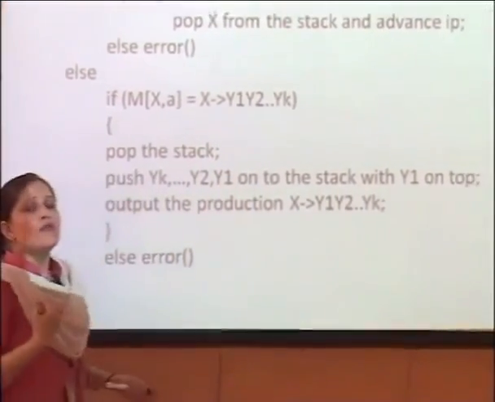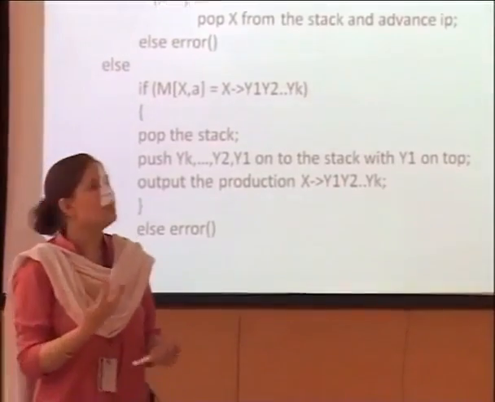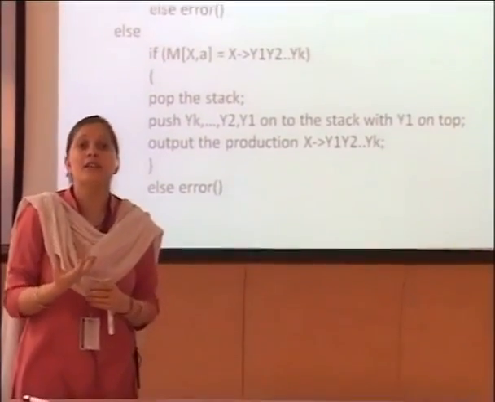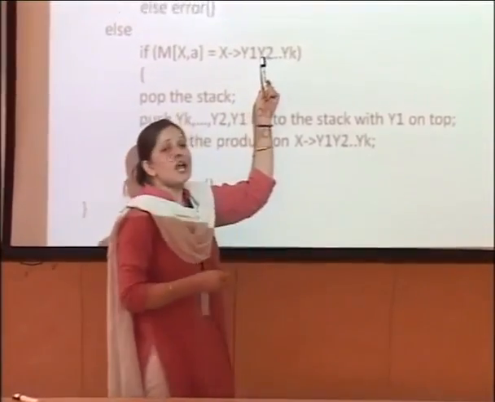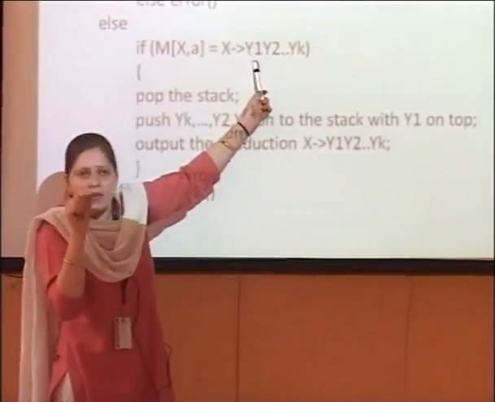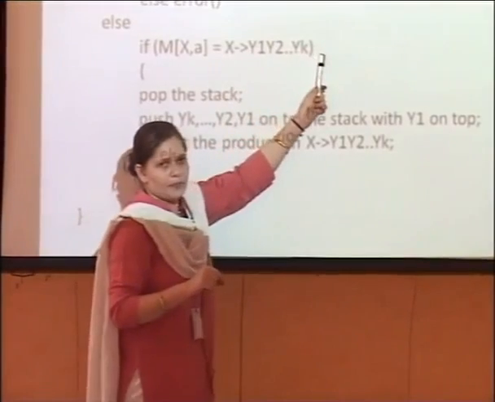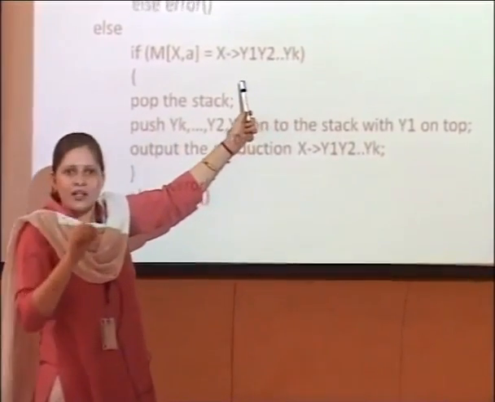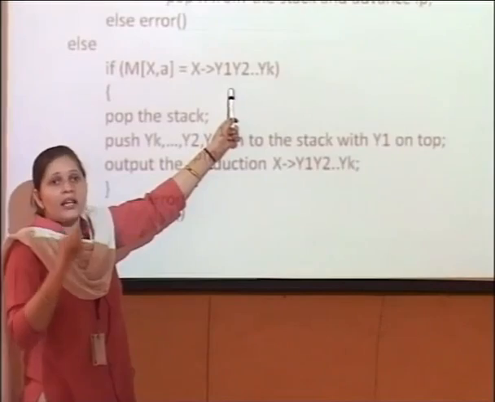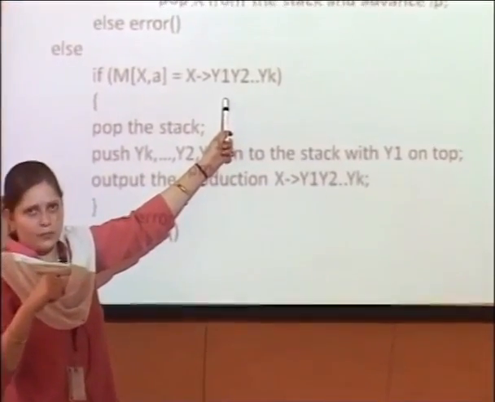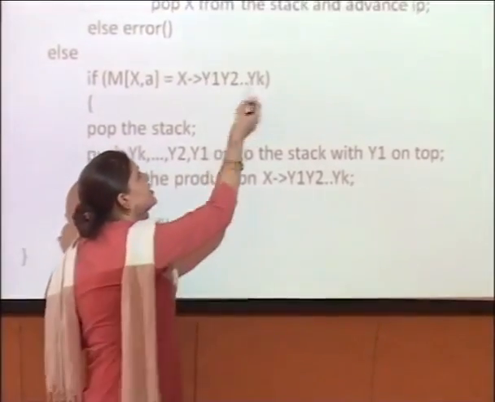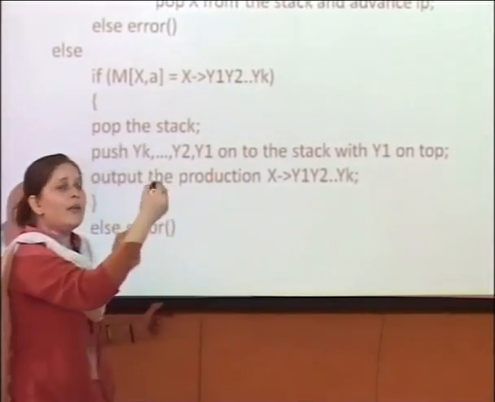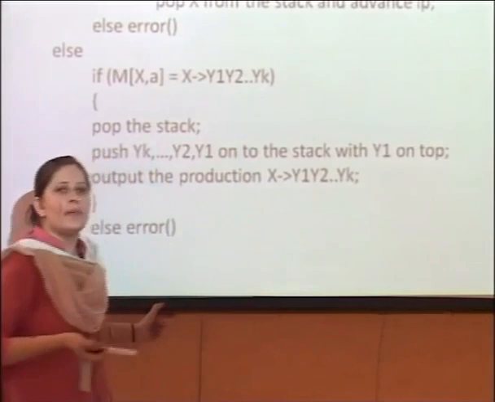Why have we reversed this grammar symbol? This production is reversed because the compiler always scans from left to right, and the stack is the data structure which follows last in, first out. That means if I enter this string as it is, Yk will come on top.